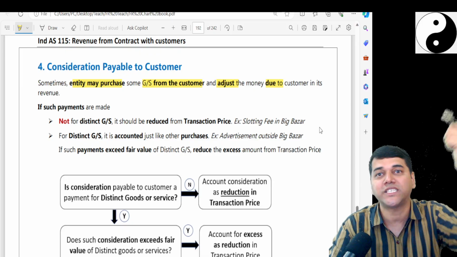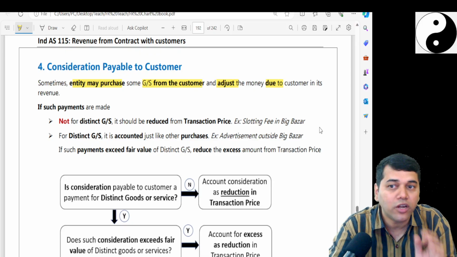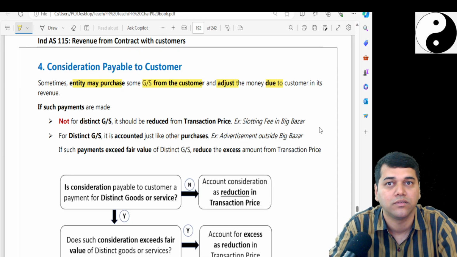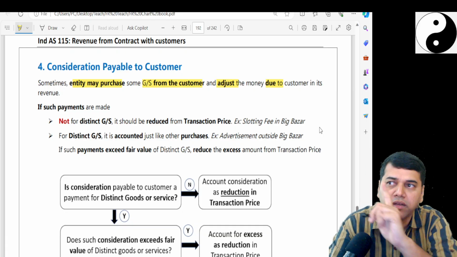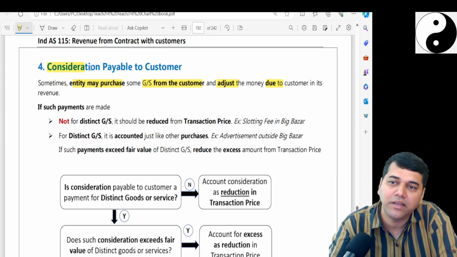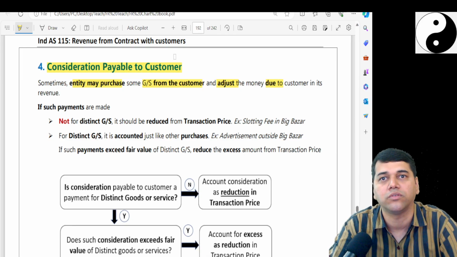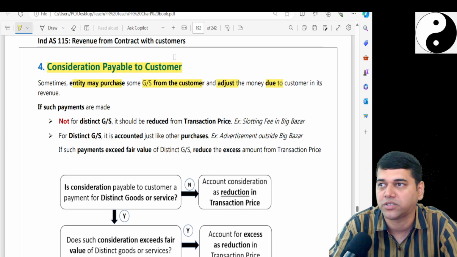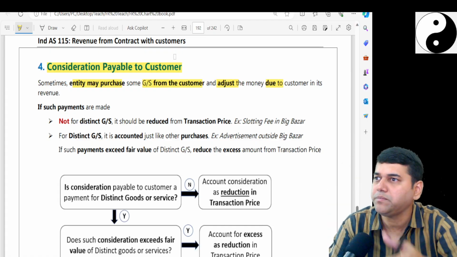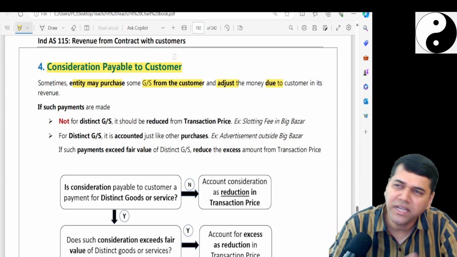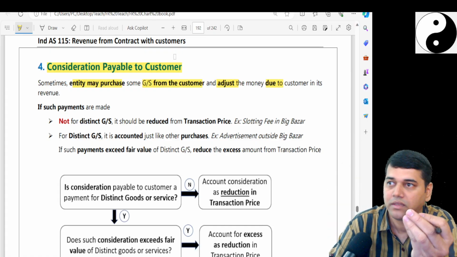I have to estimate how much damage may happen. It is not consideration payable to the customer. Again, I said, if you remember, variable consideration and consideration payable to customers are very similar. For example, discount. You can say discount is consideration payable to the customer. Okay, it's payable. It's something like that, but it is not exactly.